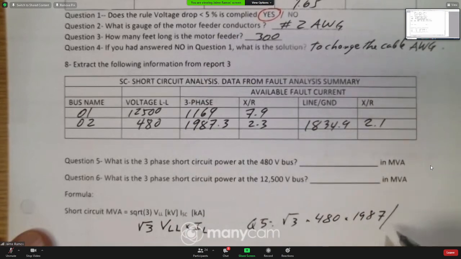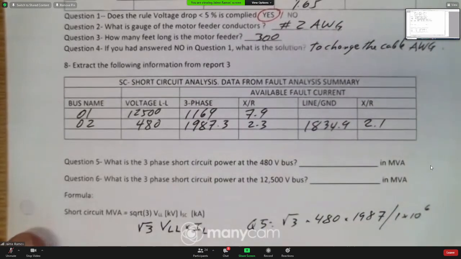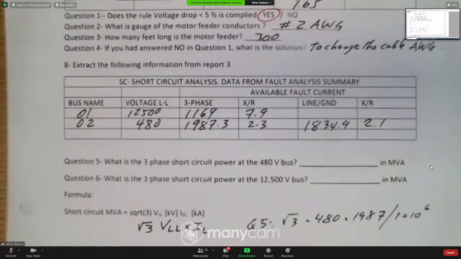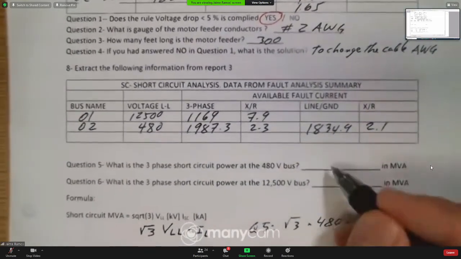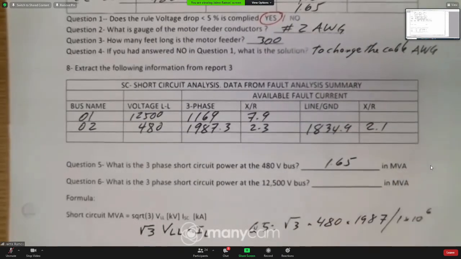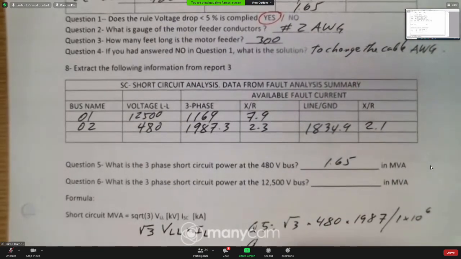And then we divide that over 10 to the 6. So then that's this amount. The square root of 3 times 0.48 times 1.987. So this is 1.65.